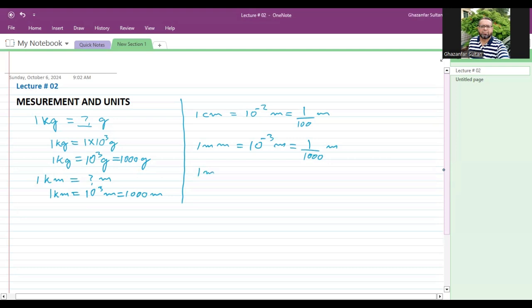And milligram, again, this m stands for milli, so it is equal to 10 raised to power minus 3 gram, or 1 upon 1000 gram. So these are very easy to understand.